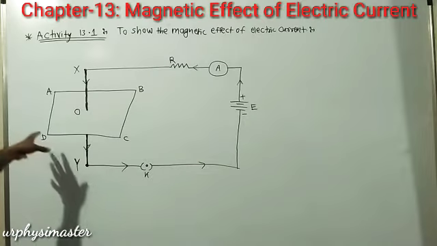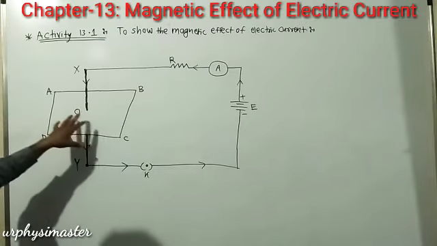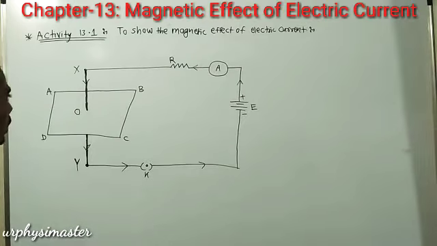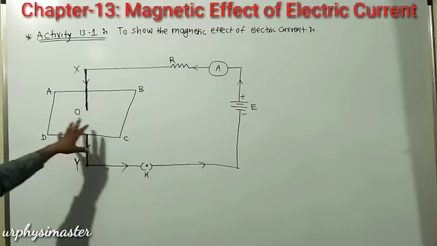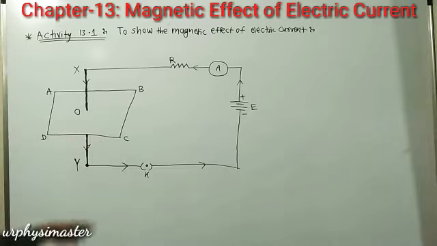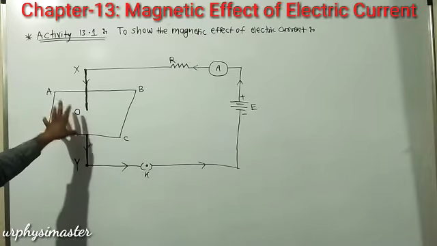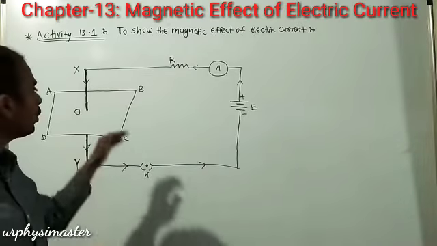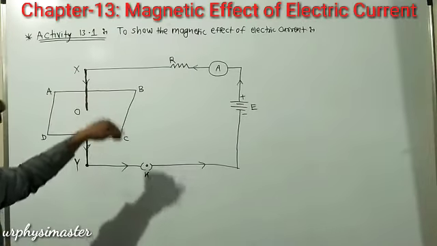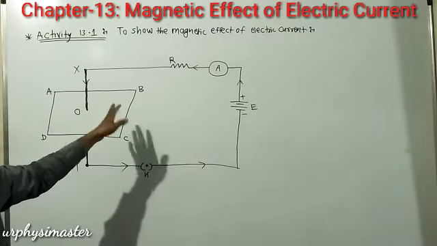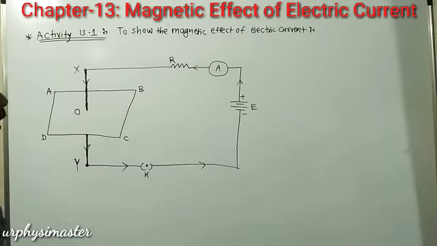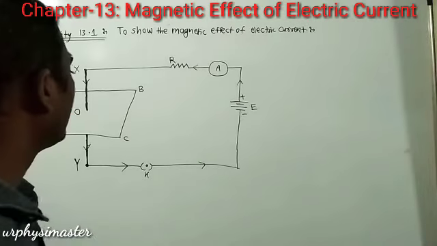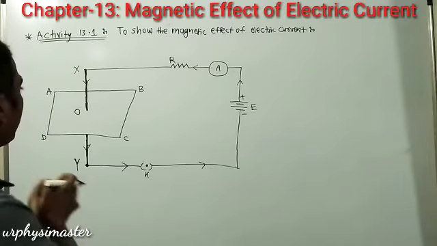So in this circuit, first we have taken the horizontal rectangular cardboard ABCD. On that cardboard, a white plain sheet is stuck, and this thick metallic copper wire is passing through the center of the cardboard, perpendicular to the cardboard. In this activity, we will pass the current through the circuit.